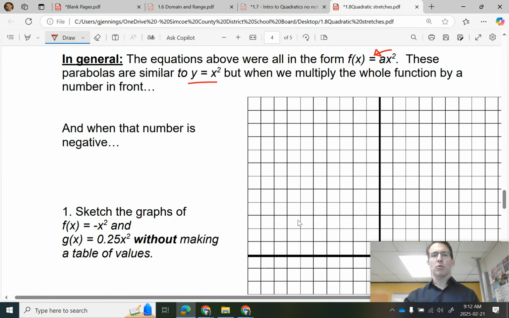They're all similar to y equals x squared, but when we multiply the whole function by a number in front, it stretches or compresses the function.